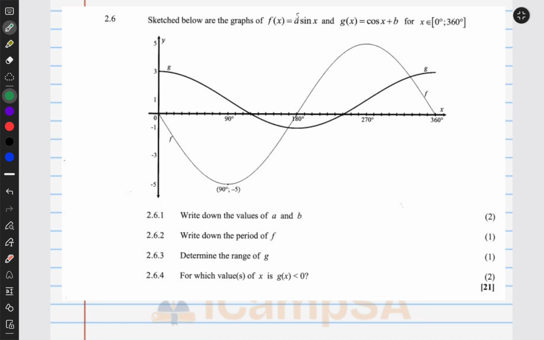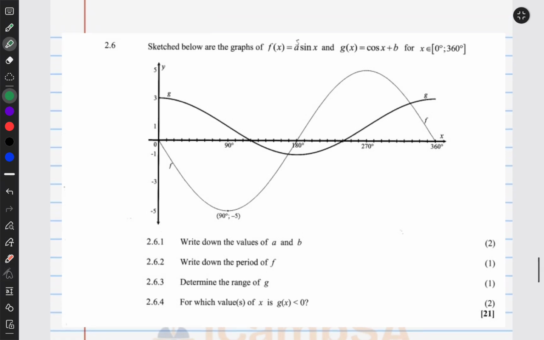We see that the sinusoidal graph, the function f, starts from the negative. So what do we expect? We expect the value of a to be negative, because this graph has been reflected about the x-axis, because we know that the normal sine function goes like this. So once it starts by going down, it has been reflected.